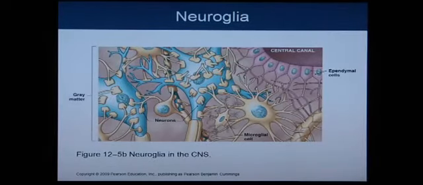Okay, here's a picture of neuroglia in the central nervous system. Just to orient you, this is the central canal of the spinal cord, and surrounding it we've got our ependymal cells. Remember, these are the ones that help circulate and monitor the cerebrospinal fluid. Here, this large blue structure is a neuron. We can see the cell body, and coming off of it is the axon. Here's another neuron, and there's the axon.